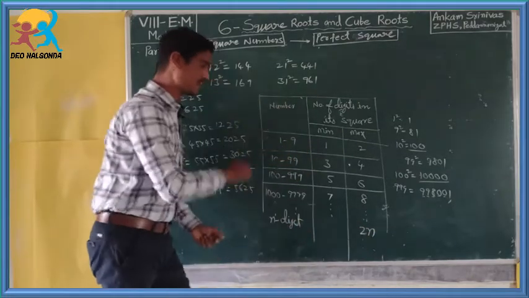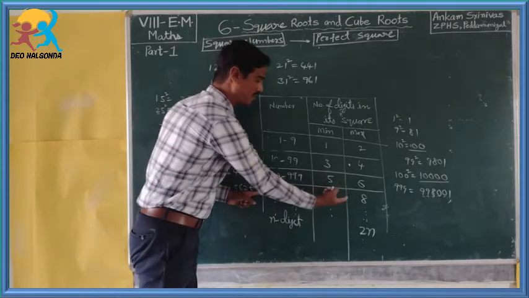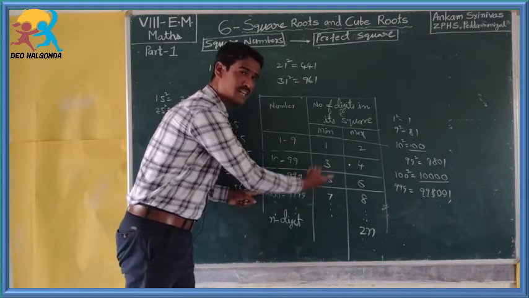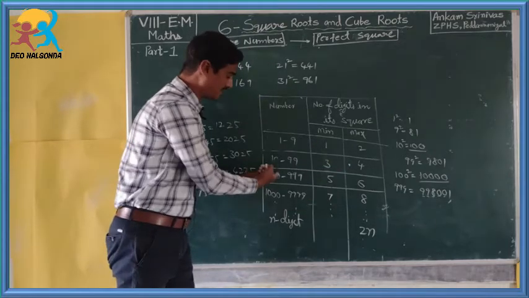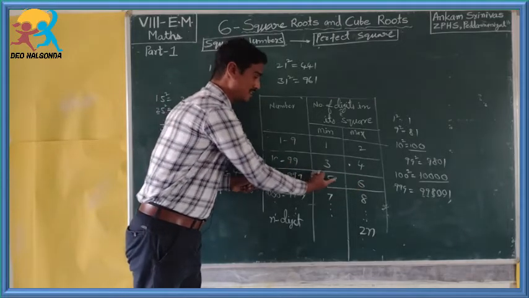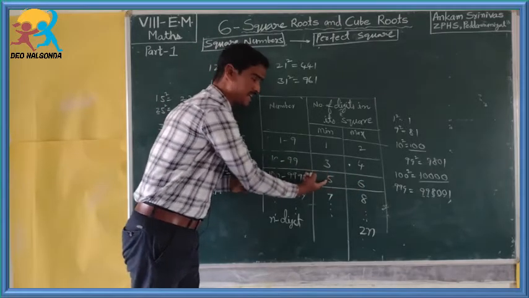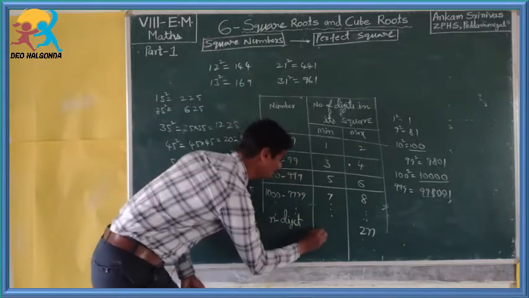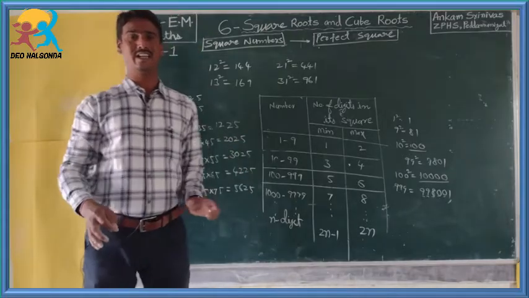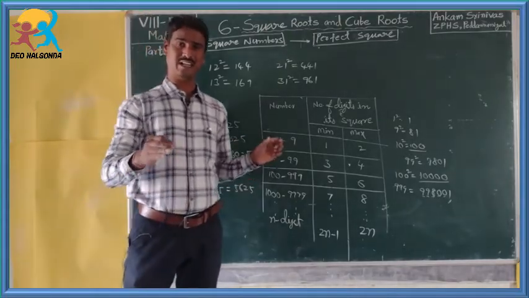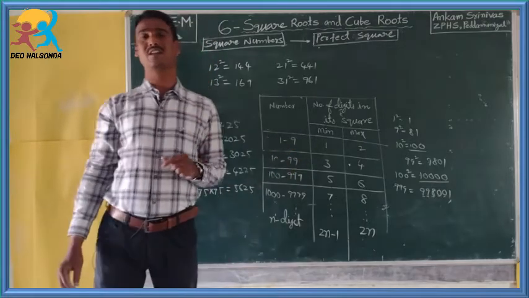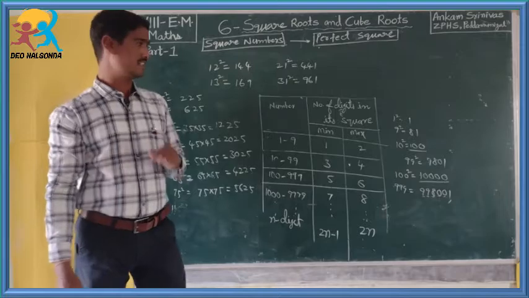Minimum: here 4 digit number, 2 4s are 8, and minimum 8 minus 1. Here 3 digit number, 3 2s are 6, 6 minus 1, 5. So we will get 2n minus 1. So the square of an n digit number contains 2n digits or 2n minus 1 digits.